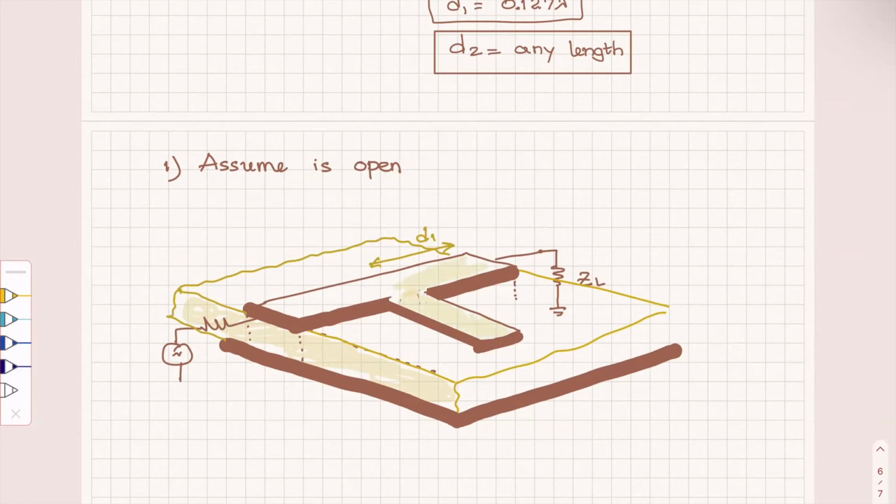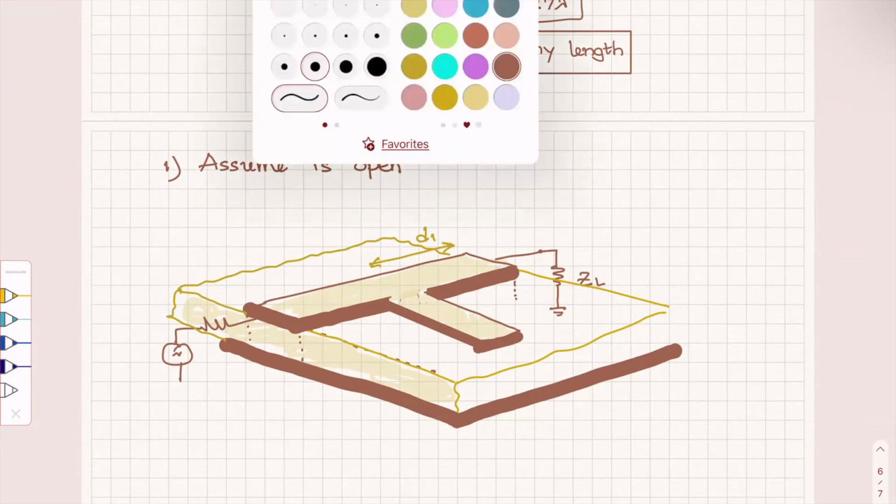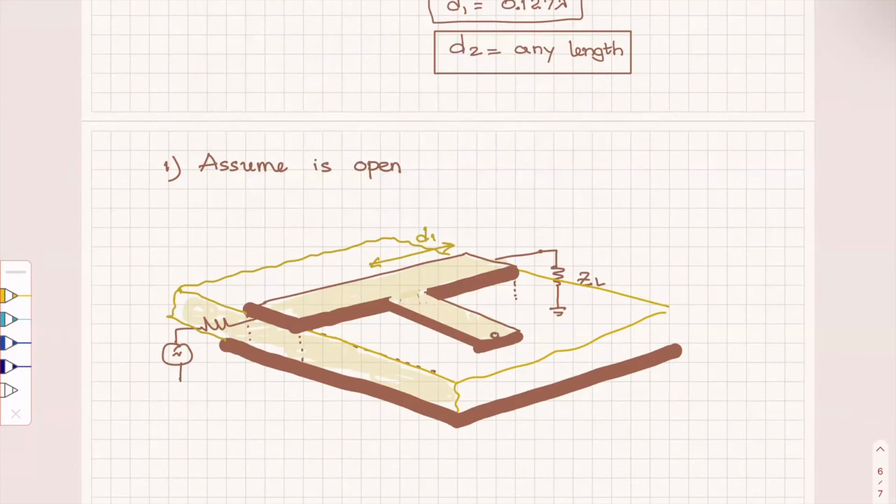So practically, you prefer to have an open stub, because if the stub has to be shorted, I will need to open a hole in the substrate. Okay, I want to open a hole like this, and then have that connect with the substrate, and then have to metallize it. And that, in terms of fabrication, is a problem.